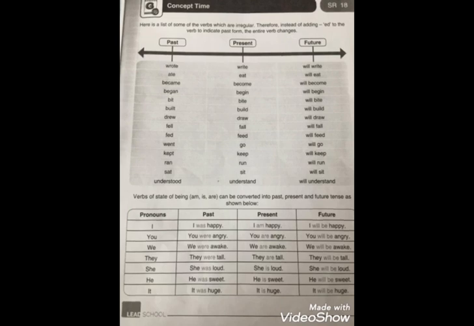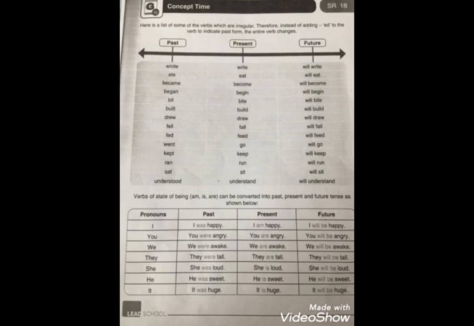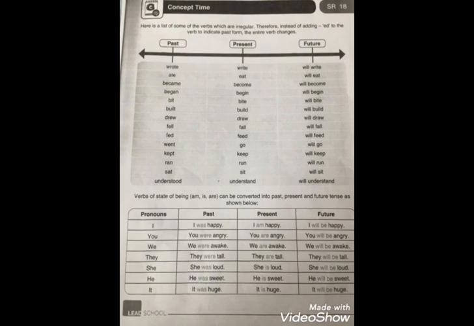Kept, keep, will keep. Ran, run, will run. Sat, sit, will sit. Understood, understand, will understand. So with these kinds of verbs, instead of adding ed at the end of the word, the whole word has changed. So this is the difference between irregular and regular.